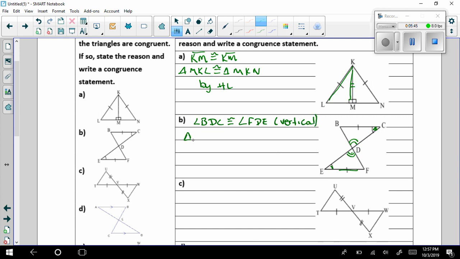So then we can make that statement that triangle EDF is congruent to triangle, I started with E, so I have to start with C, B, D, by angle, angle, side.